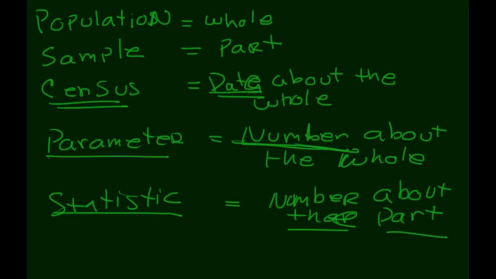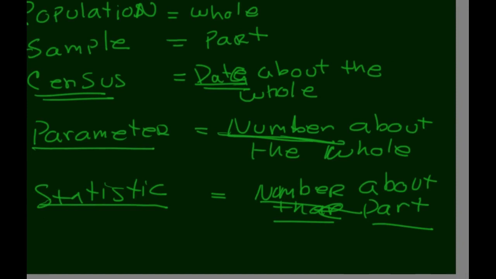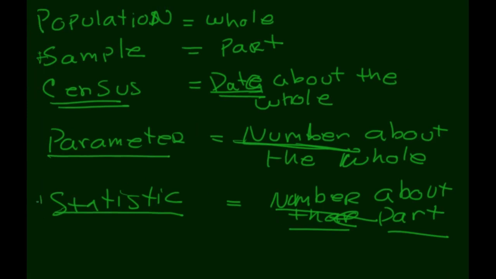Okay, so population is the whole, the sample is the part, the census is data about the whole, the parameter is a number about the whole, statistic is a number about the part. So sample and statistic go together. Population and parameter go together. Census is also about a population. It's kind of like the middle step between the population and the parameter.